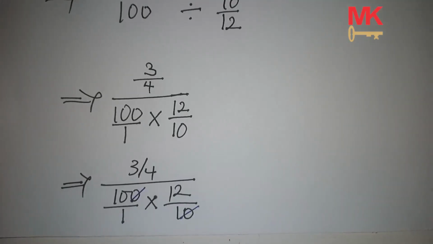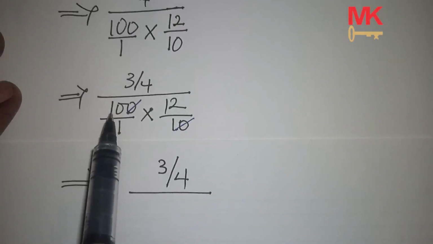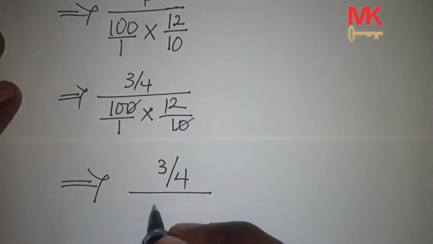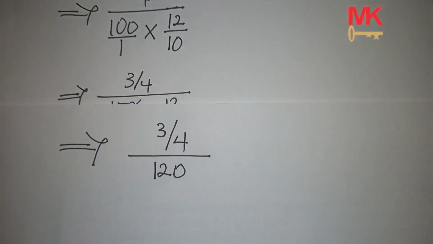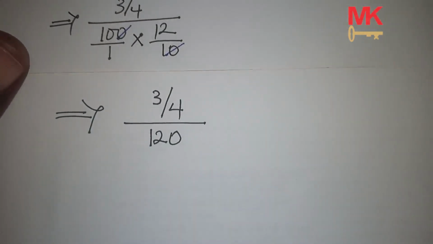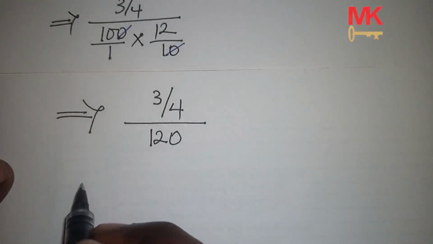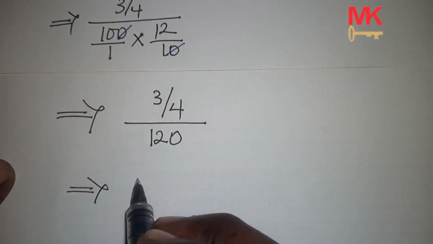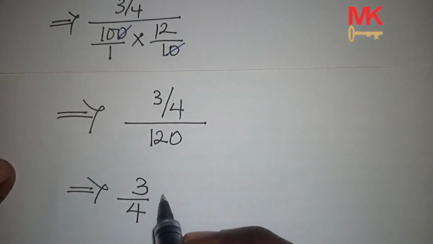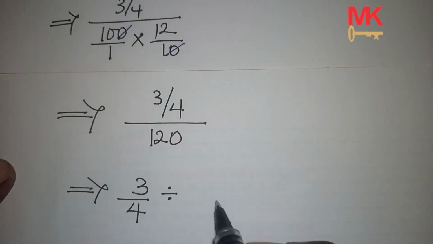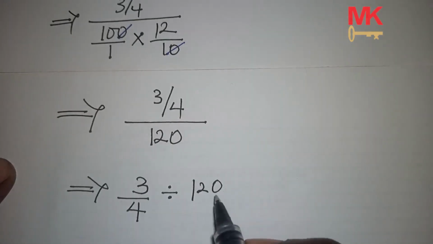So what is just left at the bottom is more like 120. So 10 times 12 gives us 120, and from there we can rewrite this as 3 over 4 divided by 120. If you like, you can say over 1.